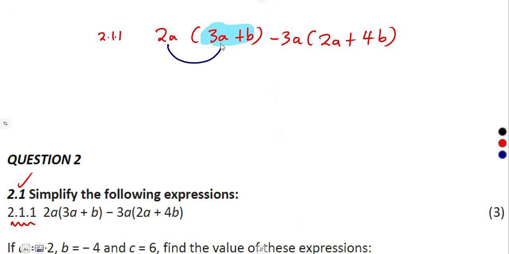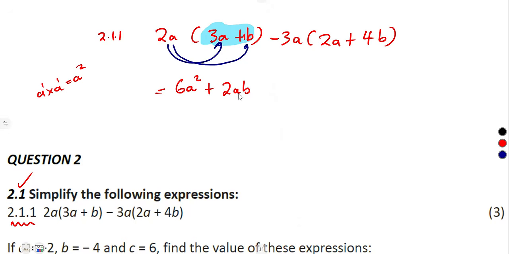So you multiply 2a by 3a, that is going to be 6a squared. Remember, a times a, in multiplication you add the exponents. So that's 6a squared. Then 2a is going to multiply b, so simply combine the terms: 2ab. This is 1, so 2 times 1 is 2.